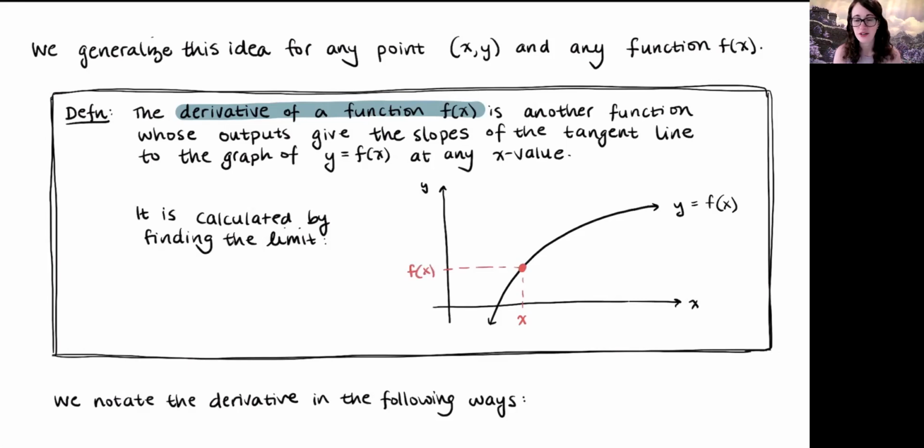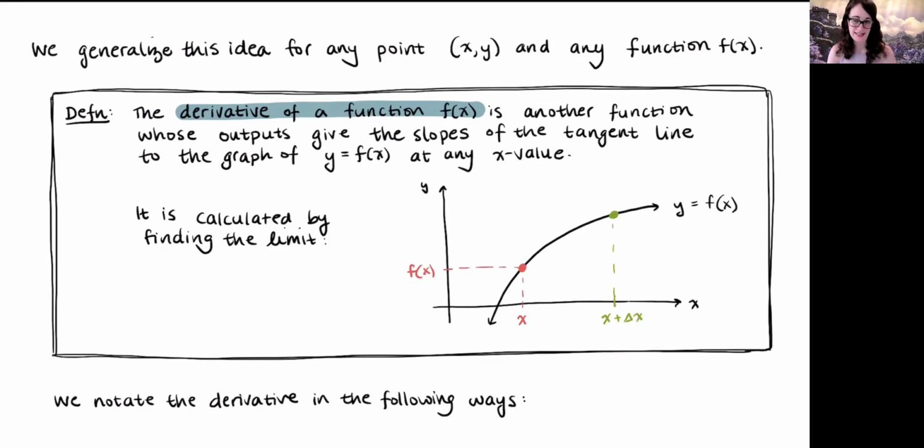We're very generalized here. All right, then what we're going to do is pick another point. Let's say it lives somewhere over here. This is going to be x plus a little bit, x plus delta x. Or if you like h, you can use that too.